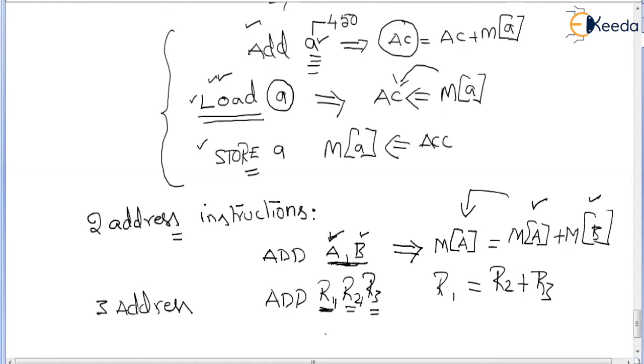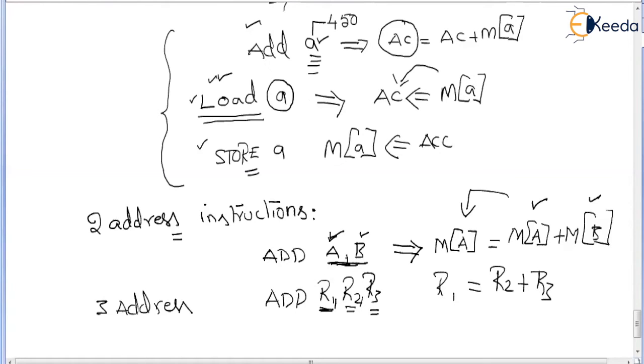Okay. Now, you need to understand a fundamental rule: whenever we try to perform an operation, that operation must be performed only on a processor's register.